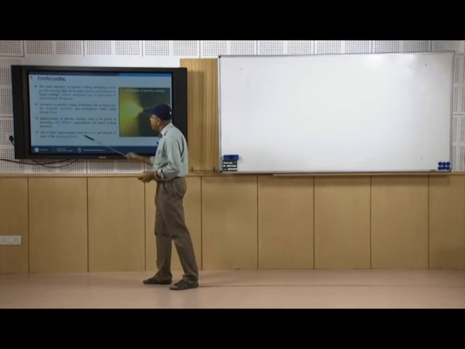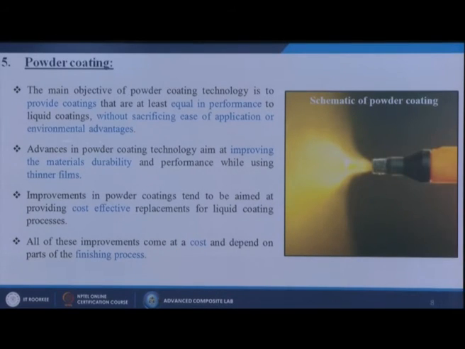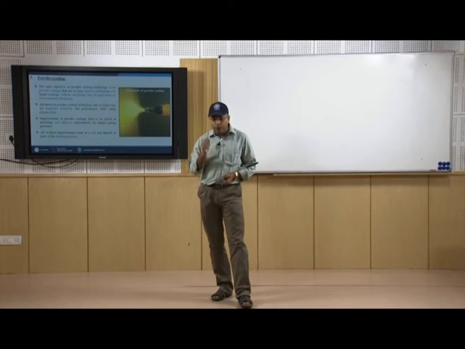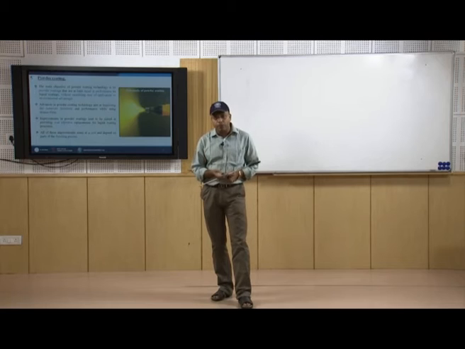Next, improvements in powder coatings tend to be aimed at providing cost-effective repellents, because of the replacement of liquid painting. The biggest problem with liquid painting is that I have to hire a laborer, use a brush or a gun, and purchase thinner. Then it needs time to dry, and if something happens in between, I have to do it twice.